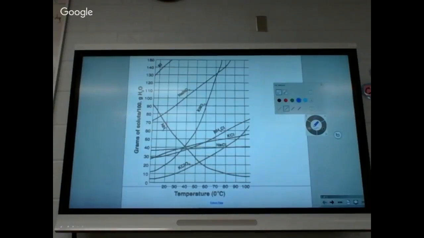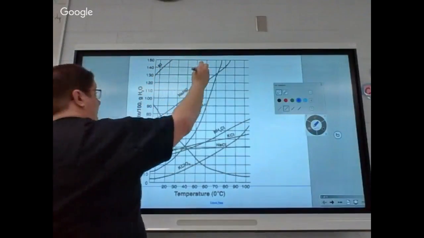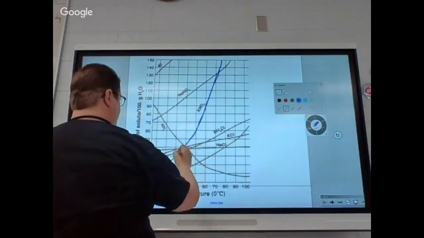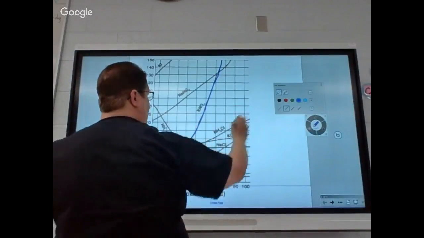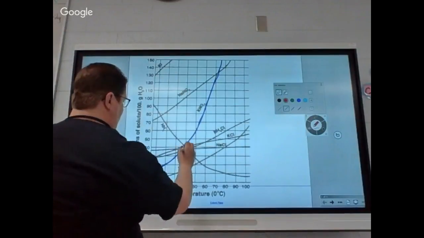Yes. All right, so which line are we reading up here? Yep, they said potassium nitrate, so KNO3 is correct. They told us to read it at what temperature? 40.